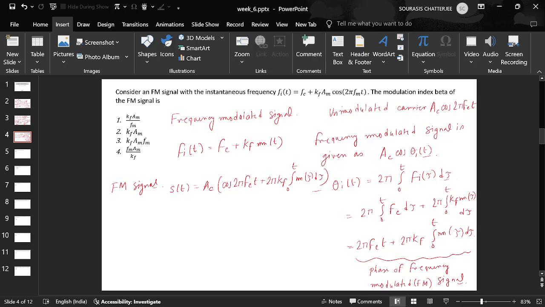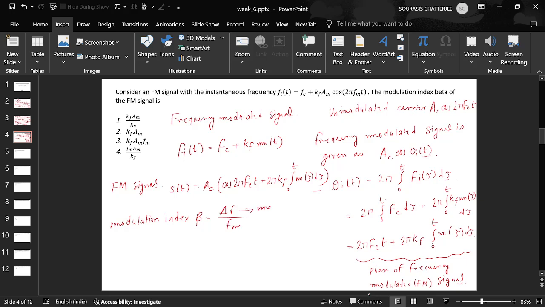So as before, what is the modulation index beta of the frequency modulated signal? The modulation index expression remains the same. Modulation index beta is given by, again, del f over fm.